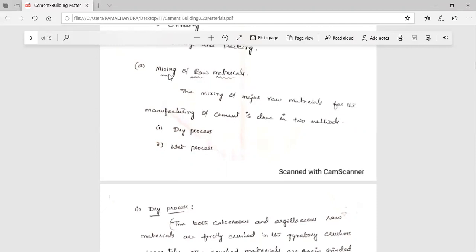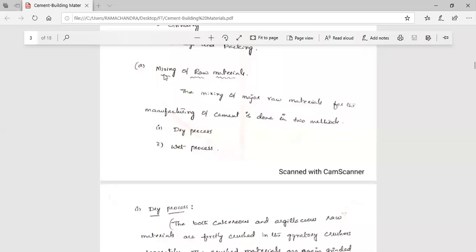So let's see the first one, mixing of raw materials. The mixing of raw materials for the manufacturing of cement is done in 2 methods. In this major step, we are using 2 processes for mixing the raw materials.